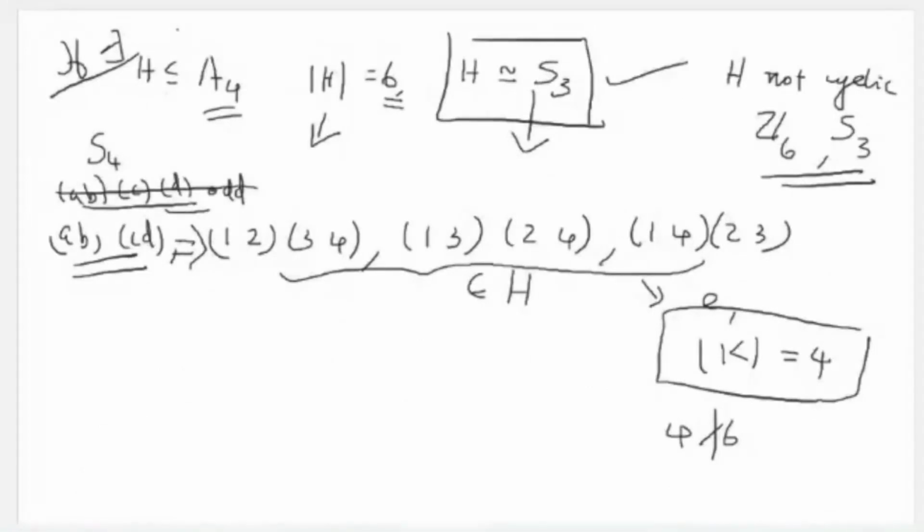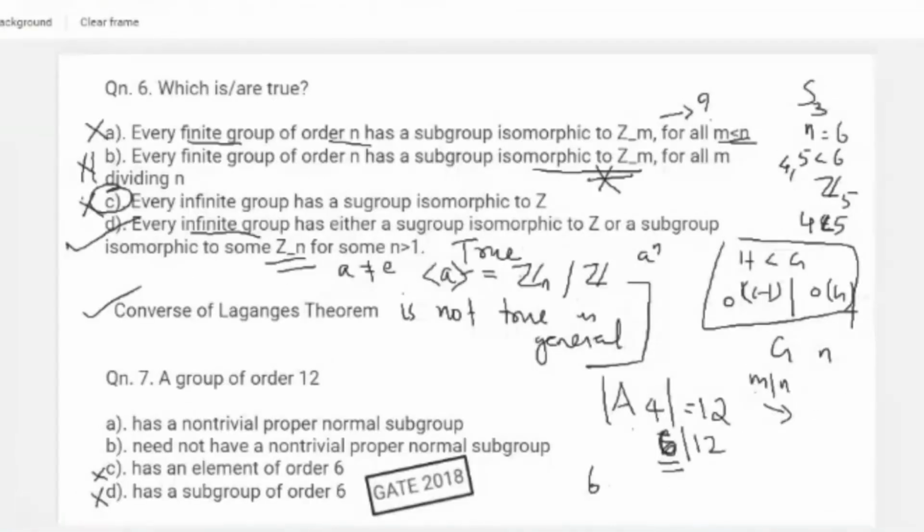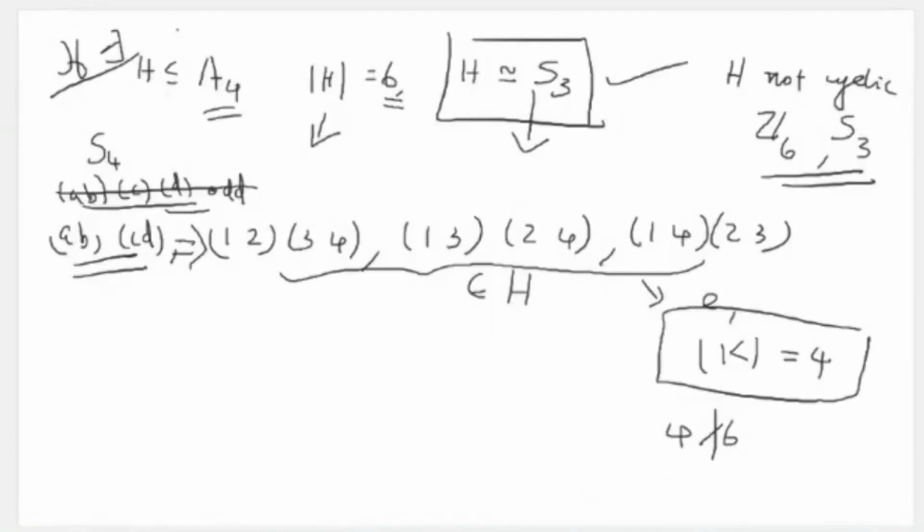What is the question number? 7. Okay. Order of G is 12. So here I think we require Sylow theory. 12 is 3 into 4, that is 2 squared times 3. So the prime factorization.